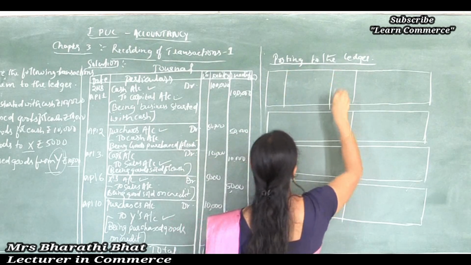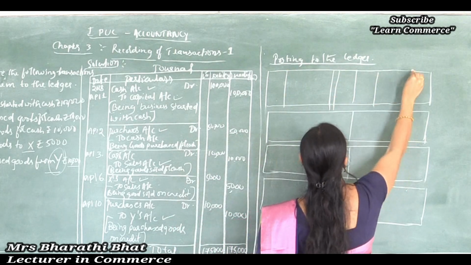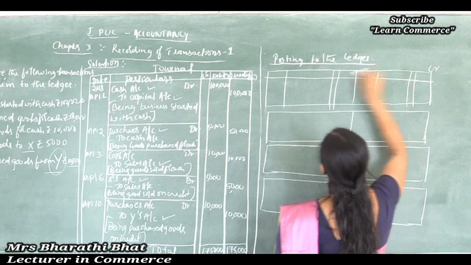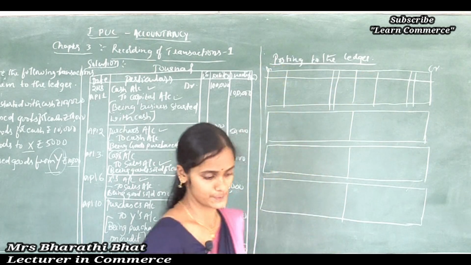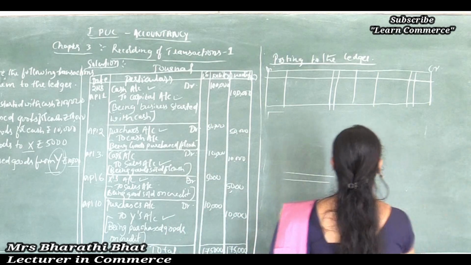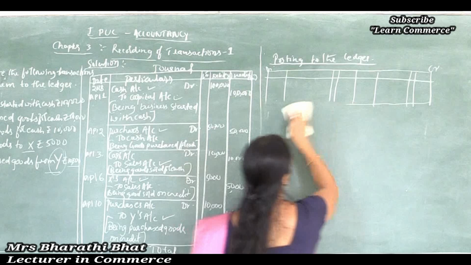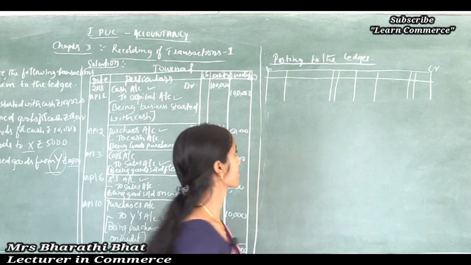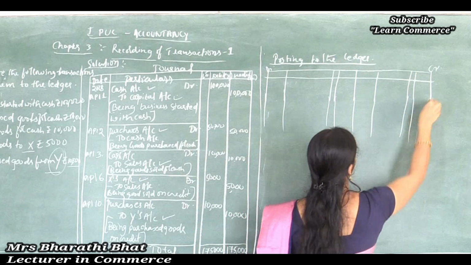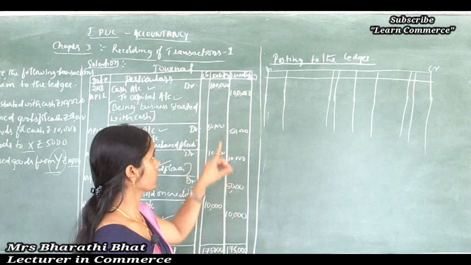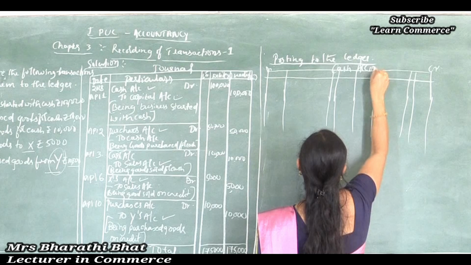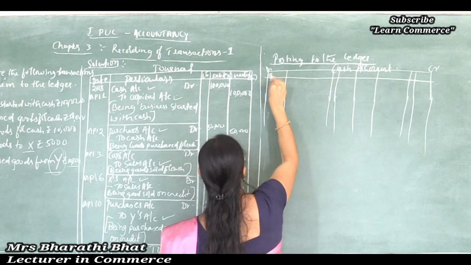Date, particulars, LF, amount, date, particulars, LF and amount columns. Credit and debit. Let's prepare one by one. Okay. So first one, cash account. Write the title of the account. Cash account. Fill the columns.